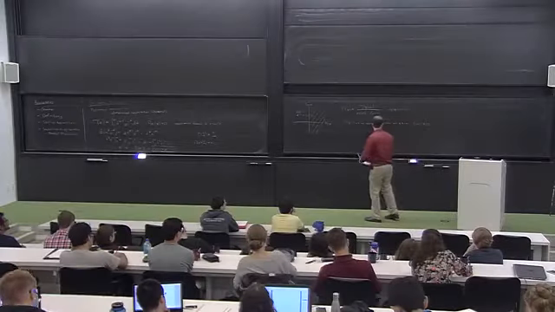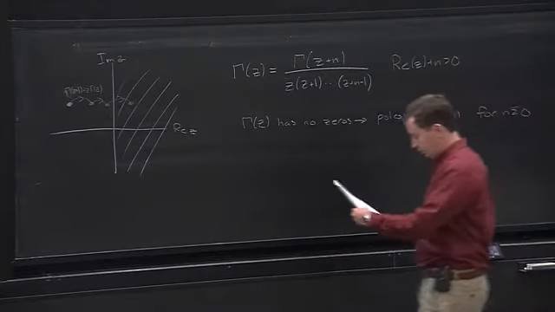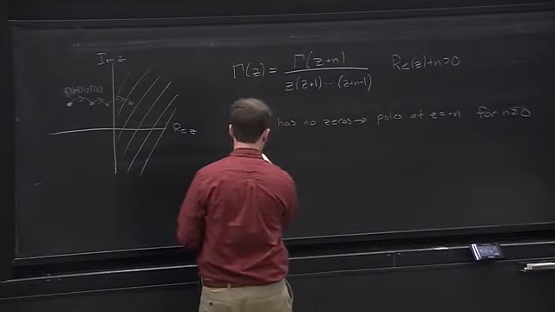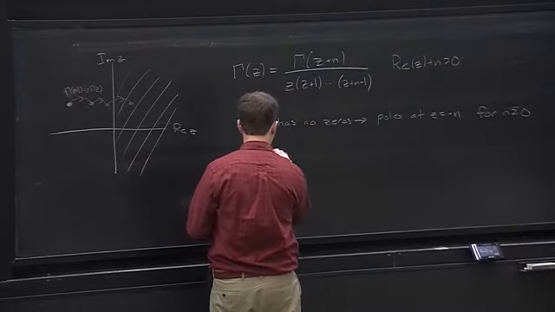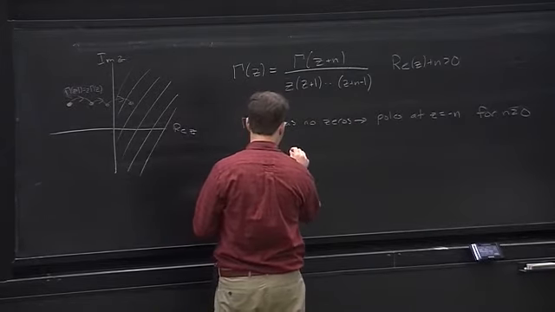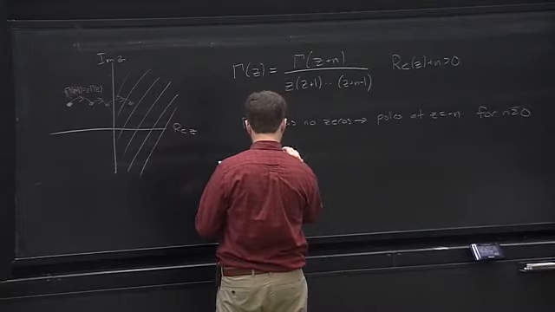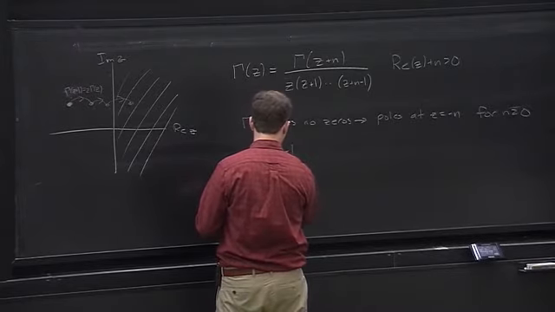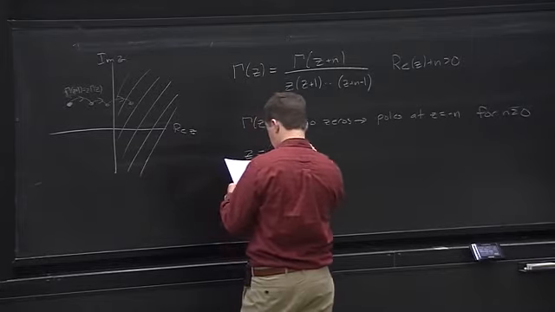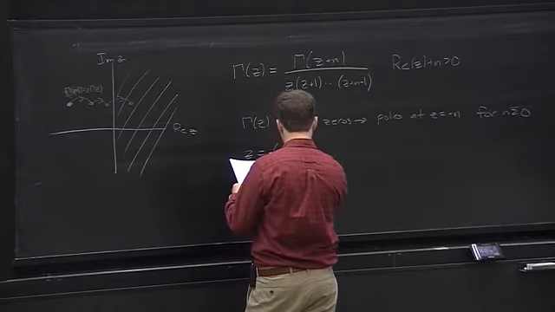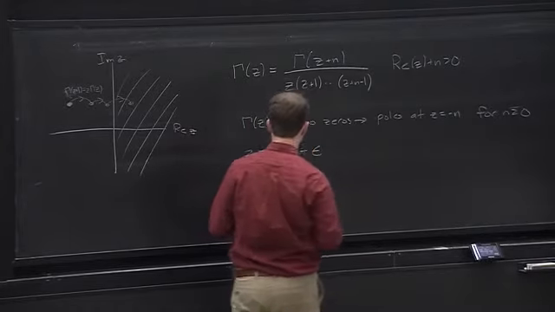And we can do that if we know where the poles are, just by setting z equal to minus n minus 1 plus epsilon.